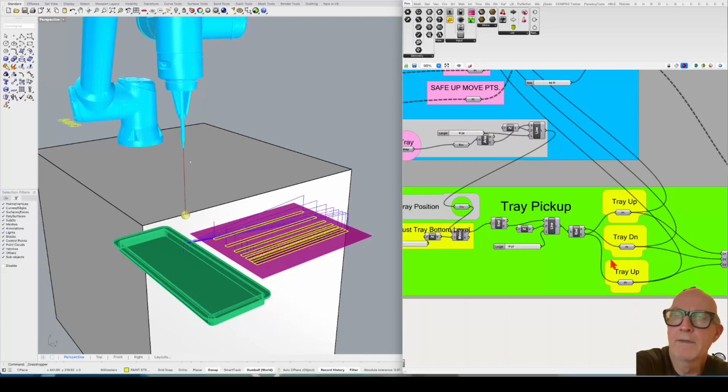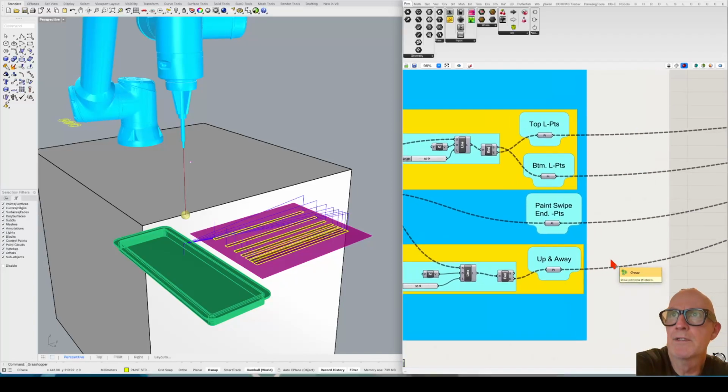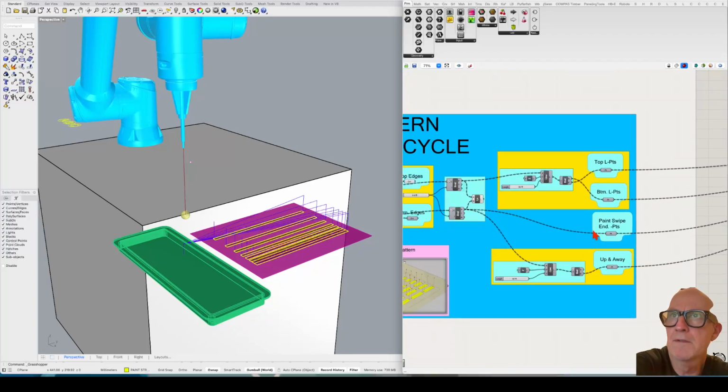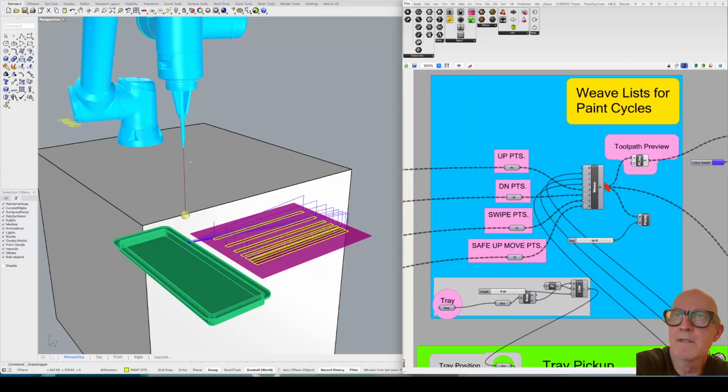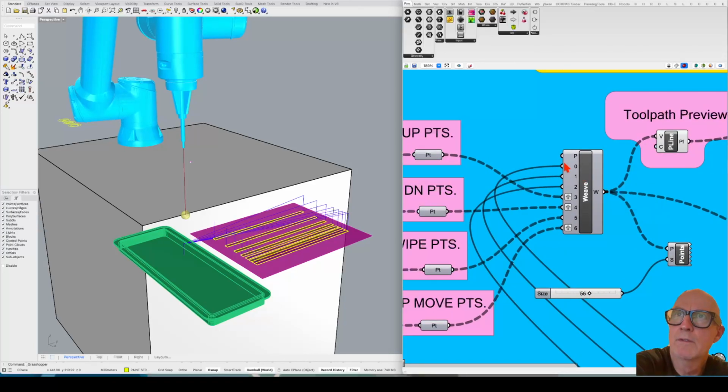And then when we're done with that series of moves, it says, okay, now we need to switch over to the other series of points or planes. So the Weave component allows us to decide what to do when we're done dipping the paintbrush into the tray.